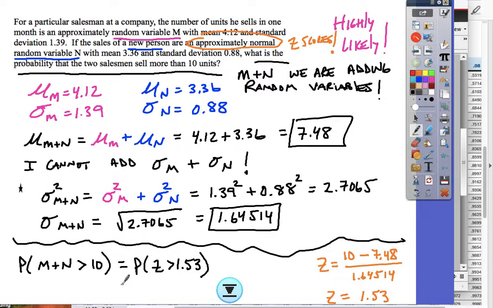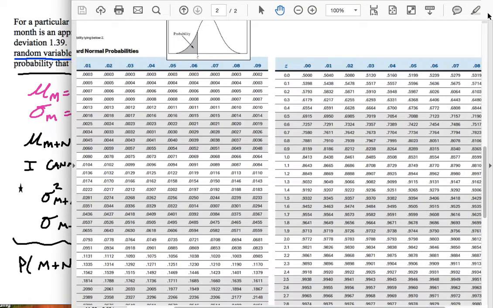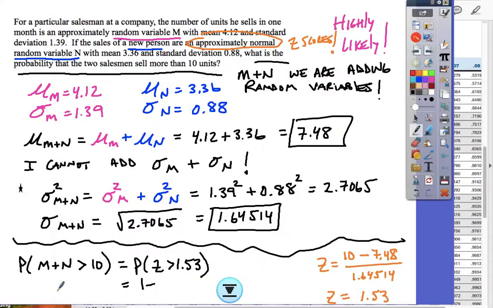Since it's a greater than, we're going to do 1 minus, and I would get out my z-chart and look up 1.53 on the z-chart, and that is 0.9370. Subtract that from 1 and you get your final answer of 0.063.